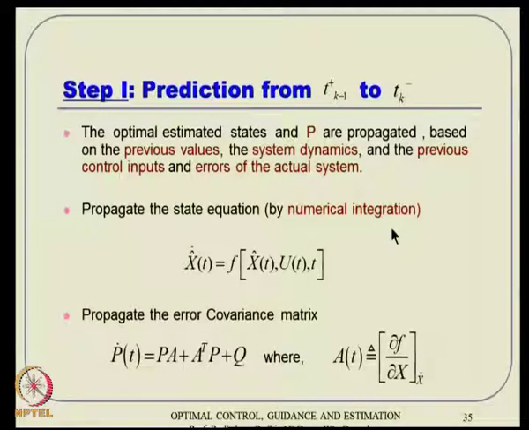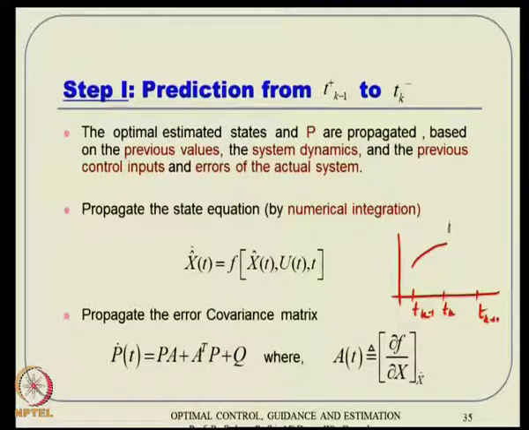So, how do you predict from t k minus 1 plus to t k minus, and all that, which really is something like this. Suppose you have t, and this is t k minus 1, and this is t k and this is t k plus 1, let us say. So, you have something, you predict it here.